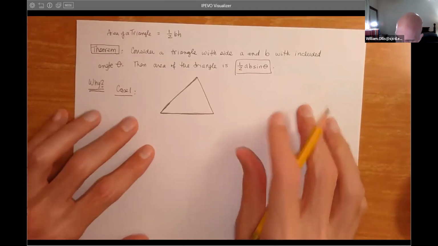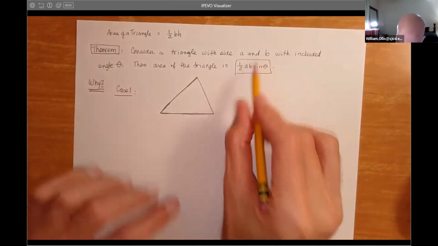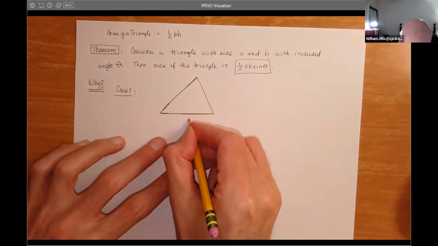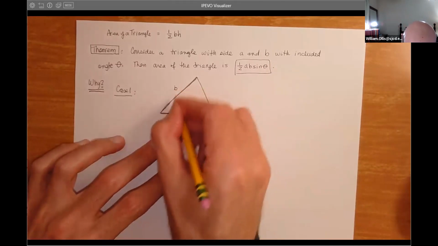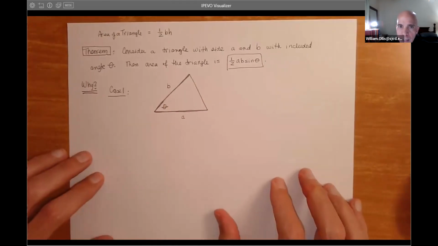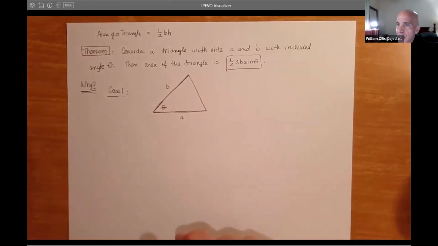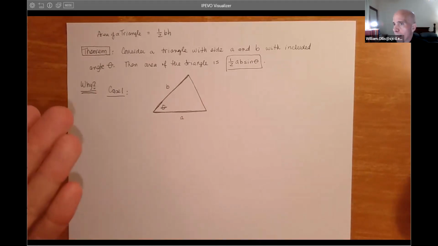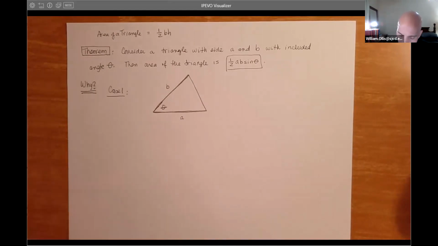Okay, now we're going to take the hypotheses that we have here. We have a side A and a side B, and included angle theta. I'm glad Jay mentioned what he did, because we're going to use those ratios now, because we don't know what theta is. It's just an acute angle and could be anything. So here's what we're going to do.